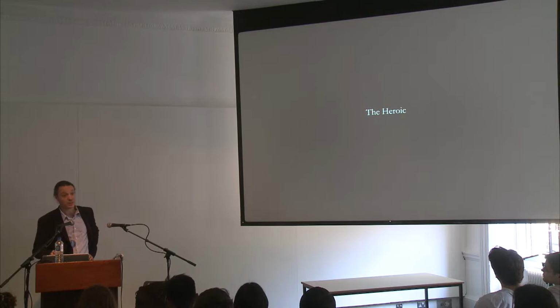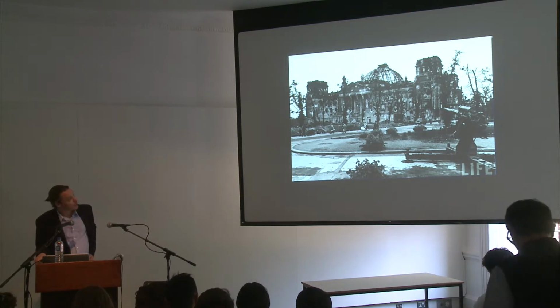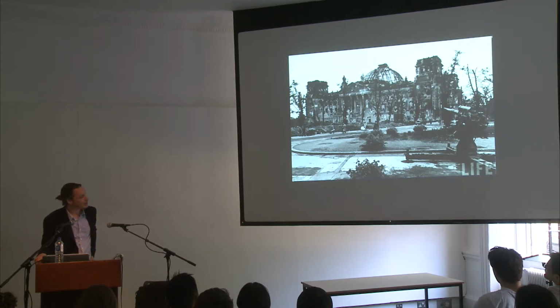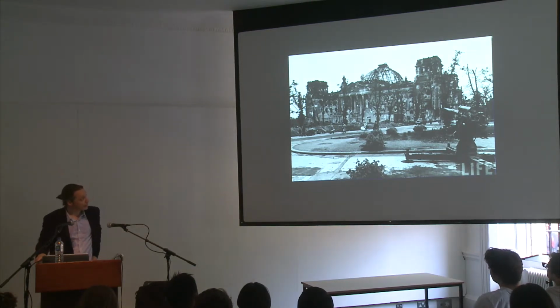At the opposite end of the spectrum is the heroic. This is the German Reichstag. Now this was in this state for quite some time. When Berlin was divided, the East German parliament built another palace called the Palast der Republik, which is gone.